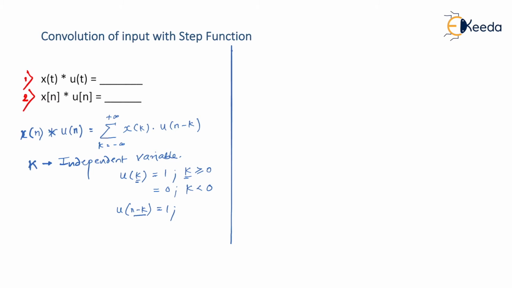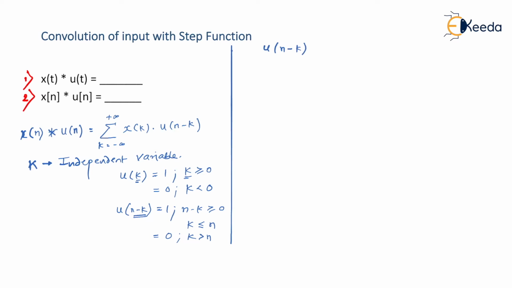Now the argument is n minus k, so n minus k greater than or equal to 0, or I can say when k is less than or equal to n. And it equals 0 when k is greater than n. Now to give you more clarity graphically, let me just draw u of n minus k.